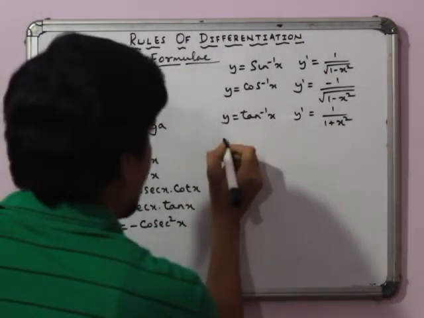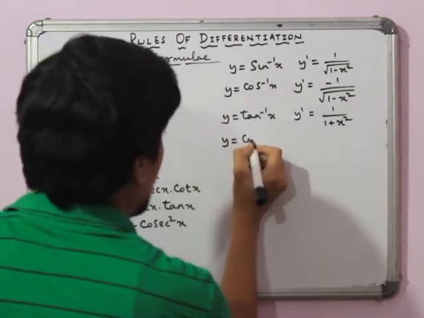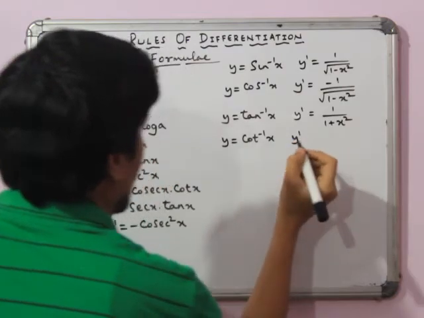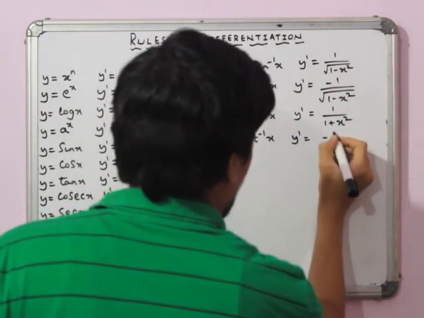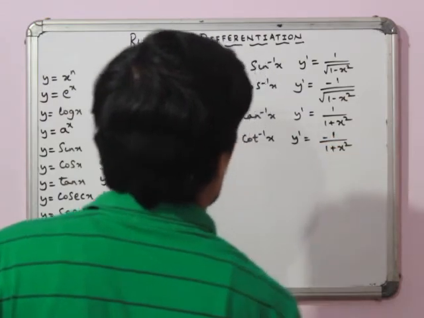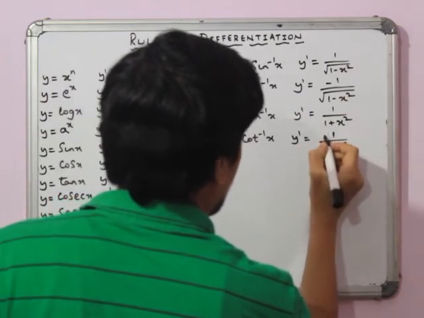Then y is equal to cot inverse x. y dash is equal to minus 1 by 1 plus x square. Minus, I will write here.